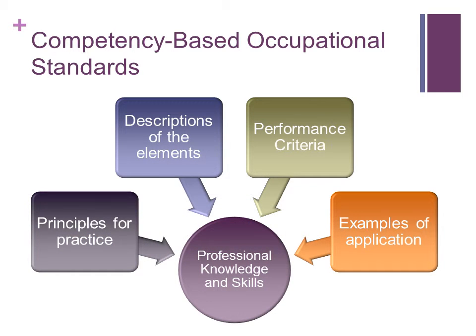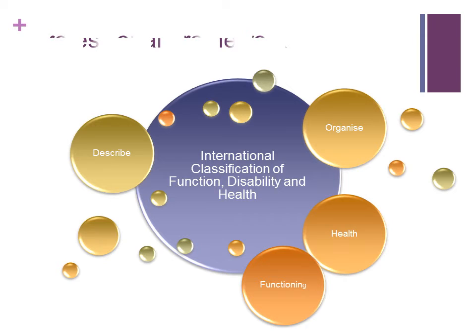The CBOS documents the principles for practice along with descriptions of the elements, performance criteria, and examples of how the criteria can be applied. A framework endorsed by Speech Pathology Australia is the International Classification of Function, Disability and Health, also known as the ICF.